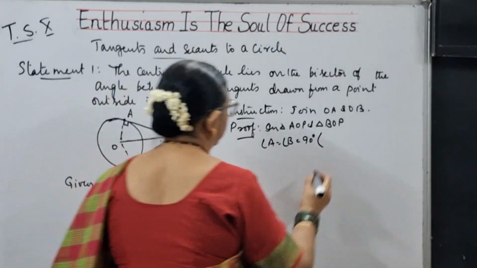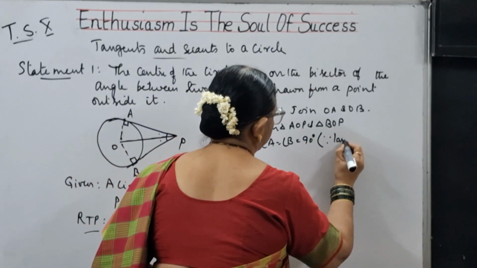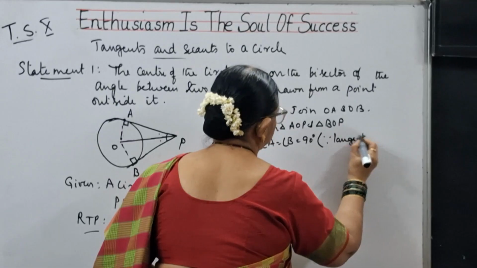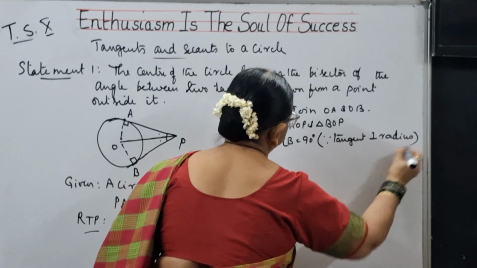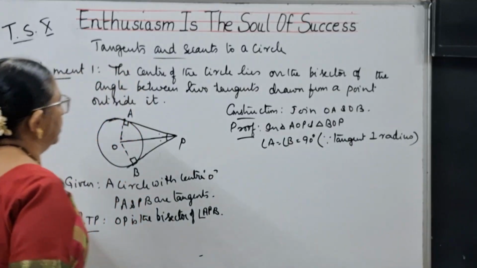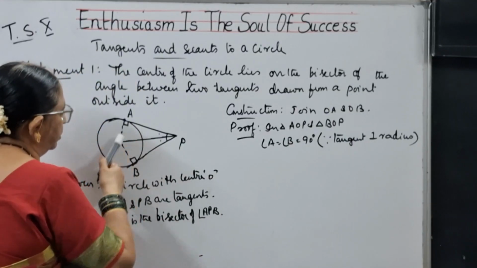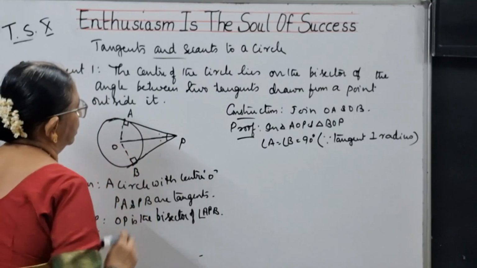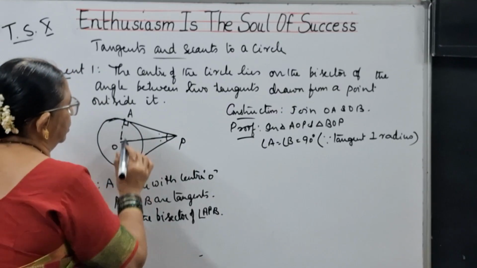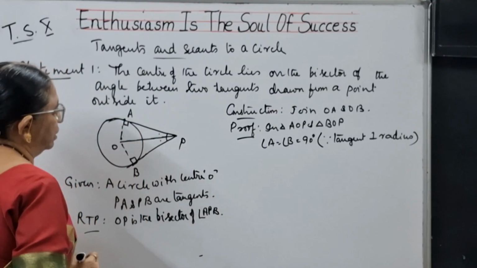What is the reason? Because tangent is perpendicular to radius. We have already proved in the previous theorem. So tangent is always perpendicular to radius. OA is the radius. So AP is the tangent. So tangent is perpendicular to radius. So it is 90 degrees.